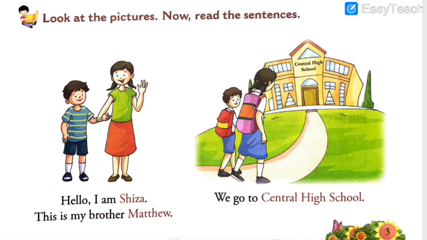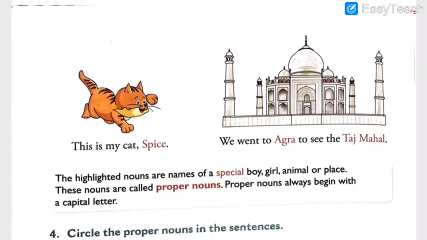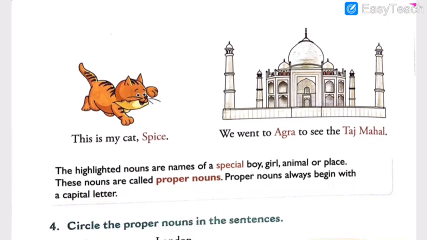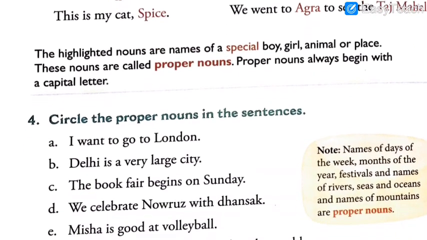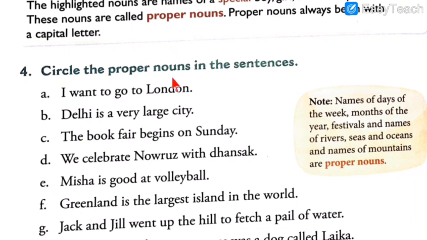With this, I hope the proper noun concept is very clear to you, because I did the proper noun revision in detail with live examples, with the pictures given here. Furthermore, we have solved exercise number 4. So students, in today's lecture we are again going to start with exercise 4 revision, and then we will jump on to exercise number 5, and we will shift towards chapter number 2 of grammar. This is going to be the agenda for today.